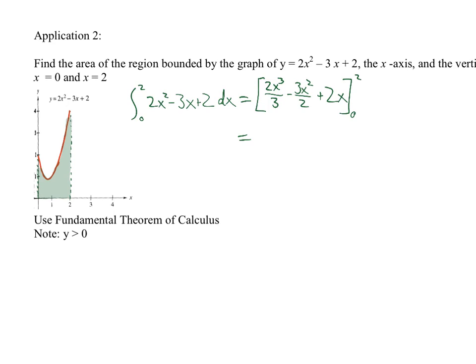You have 16 thirds minus, 2 squared is 4 over 2 is 2, so that's 6. If we get a common denominator, that'll be 18 thirds, plus 4, which is 12 thirds. Getting a common denominator can be helpful there. Then if I put all that together, I get negative 2 plus 12 is 10 thirds.